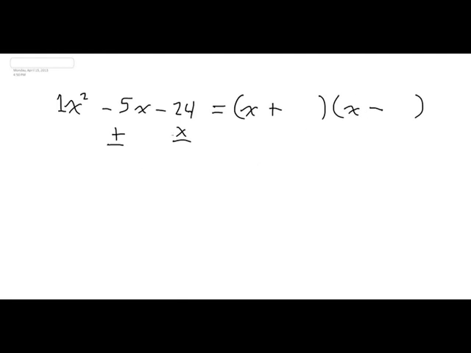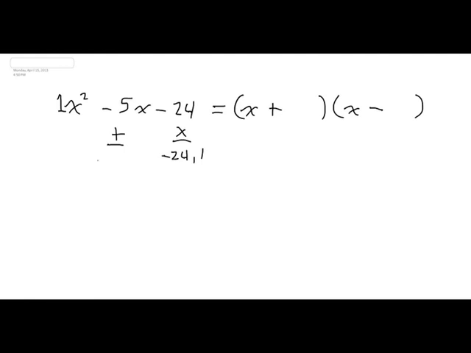So I'm looking for two numbers that multiply to make negative 24 and add to make negative 5. This means that the larger one has to be negative. If the larger number is negative, then if I add a smaller number to it, it's going to stay negative. So let's think about our multiples that give us 24. I can have negative 24 and 1.